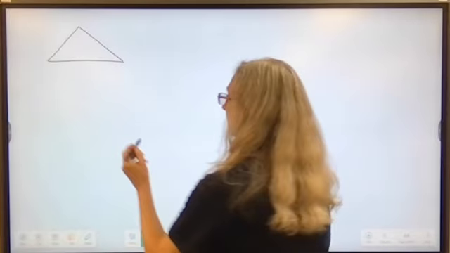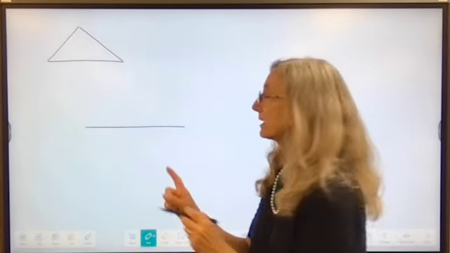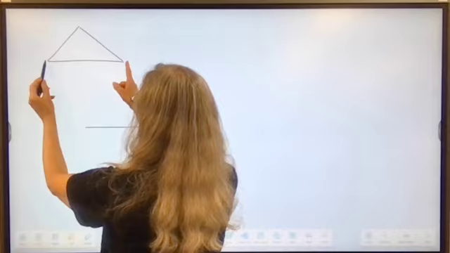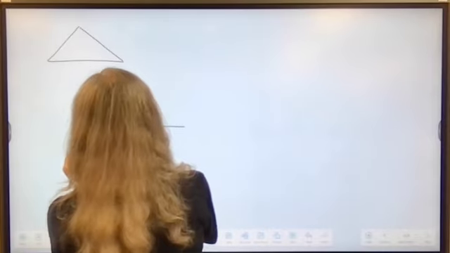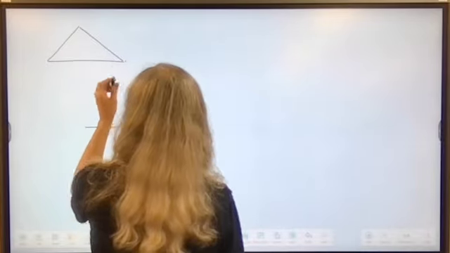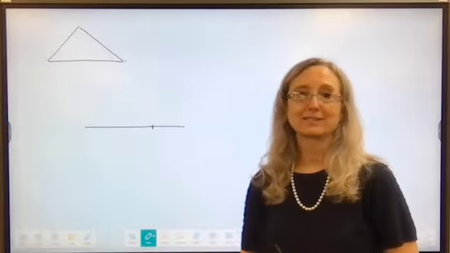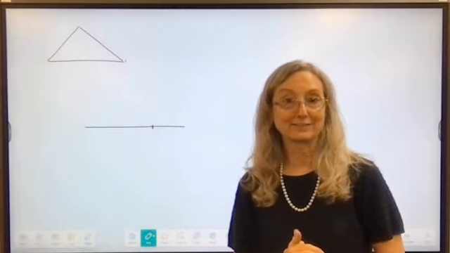I take my straight edge, draw a long ray, and then use my compass to measure this length, bring my compass down, and mark that. Mark that side as corresponding. So now I've got one side.